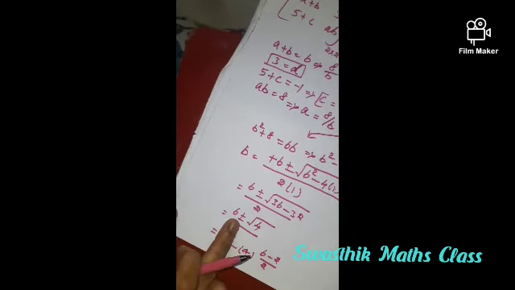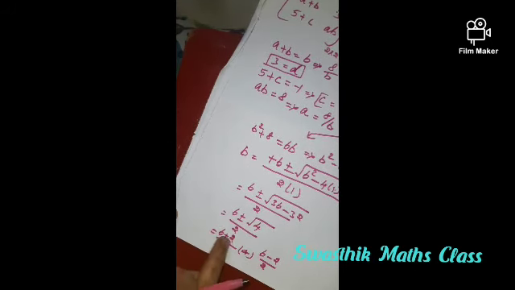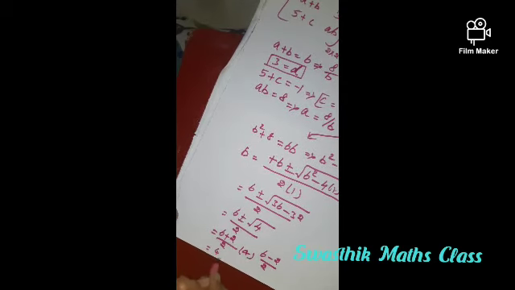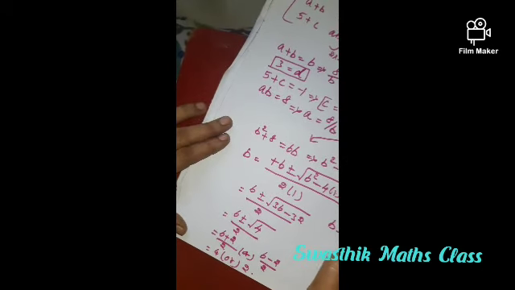So either 6 plus 2 by 2 or 6 minus 2 by 2. 6 plus 2 is 8, 8 by 2 is 4, or 6 minus 2 is 4, 4 by 2 is 2. So the value of B is 4 or 2 actually, right?